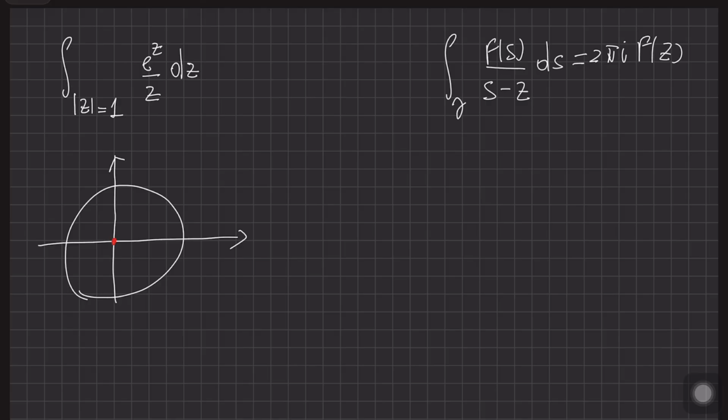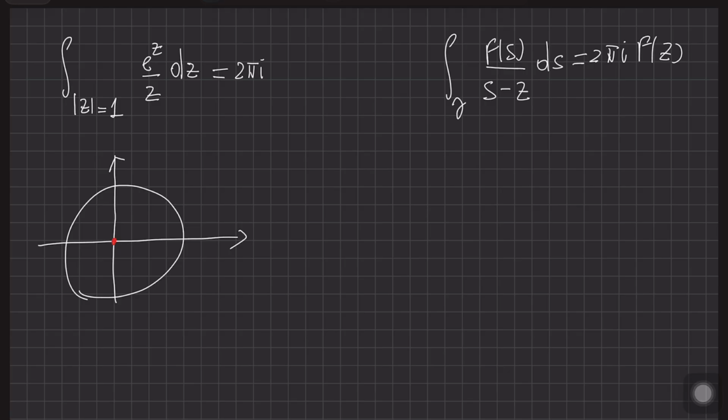It means that if I have a holomorphic function, so it's analytic, like I have here, e to the z, divided by s minus z, so I have a function with a singularity at z, then this integral along this closed loop is equal to 2 pi i, the function evaluated at the singularity. Well, we can apply it here, and immediately we get that this integral is equal to 2 pi i.